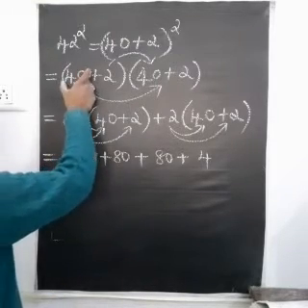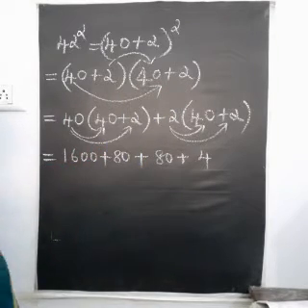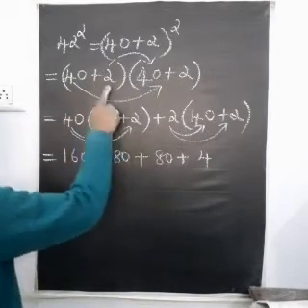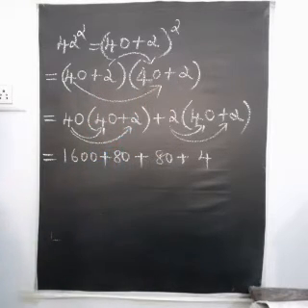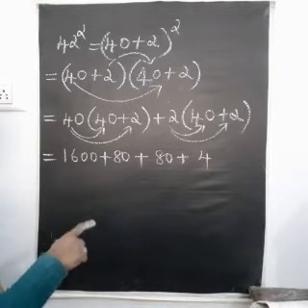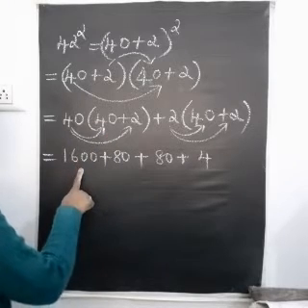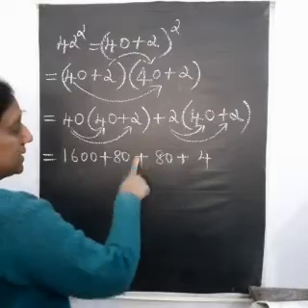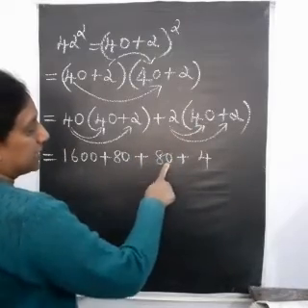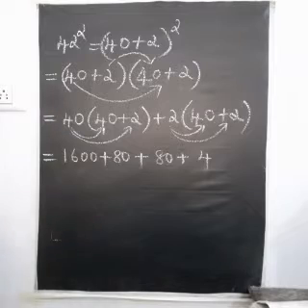The first term will be multiplied by the entire terms in the bracket, plus 2 into the terms in the bracket. Then again we use the distributive property: 40 into 40, 1600, then 40 into 2, 80, then plus 2 into 40, 80, 2 into 2, 4. So I use the distributive property to simplify.